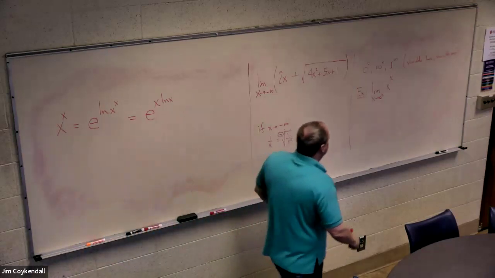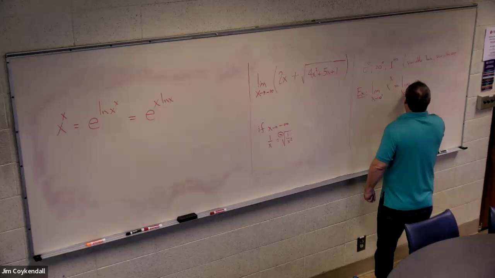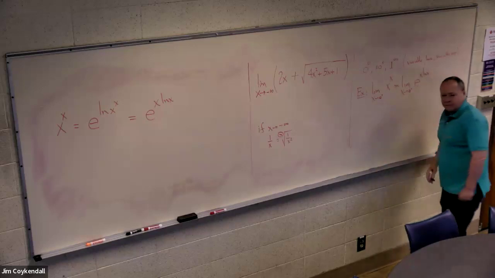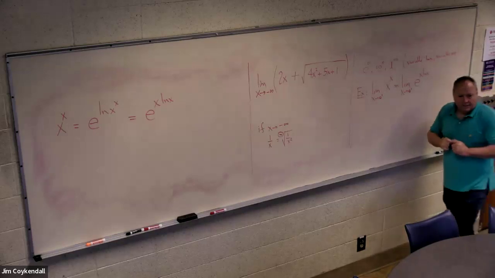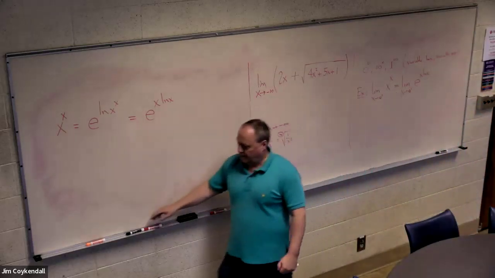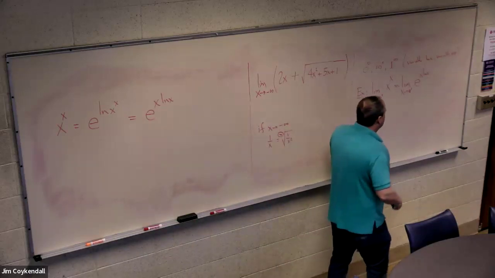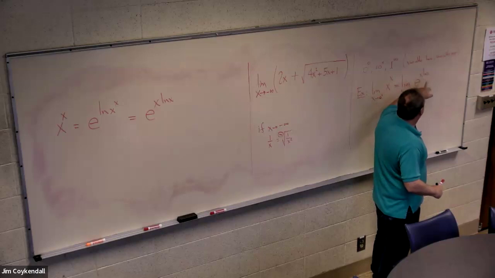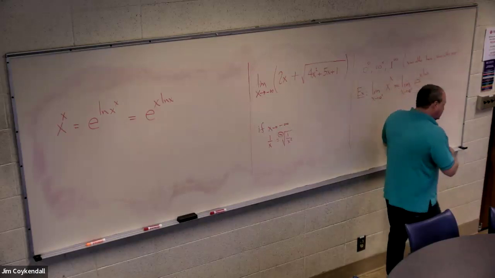So this limit is actually the limit as x goes to 0 from the plus side of e to the x log x. Agree? So notice, forget the exponential for a minute. This is going to 0, this is going to negative infinity, right?